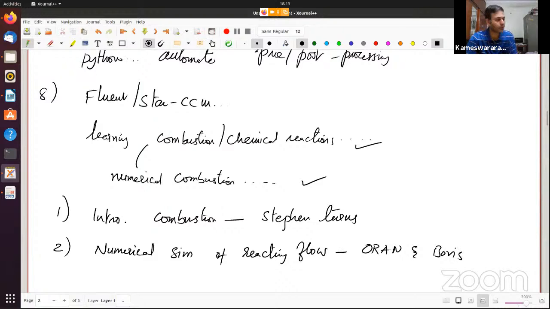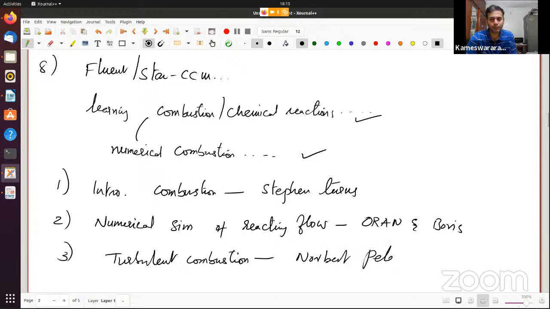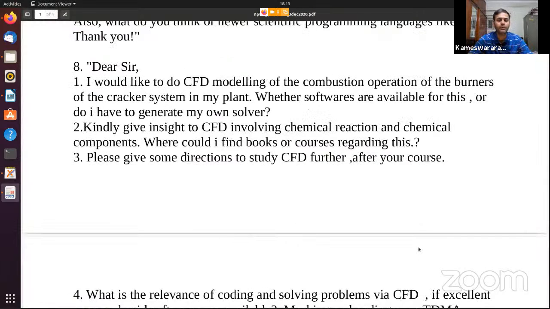These books probably will help you. You can also look at the book Turbulent Combustion by Norbert Peters. So maybe these books might help you with your quest for learning combustion or CFD of chemical reactions.